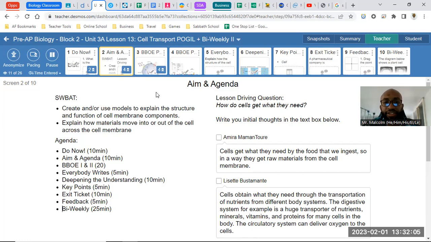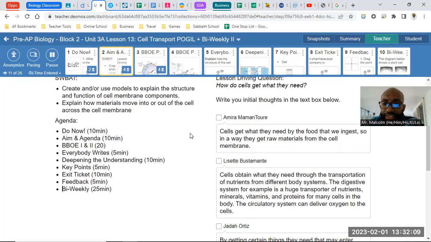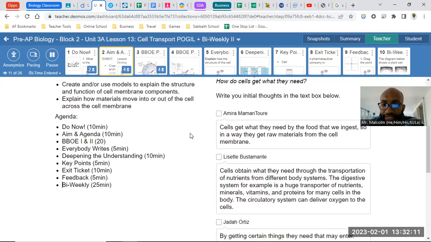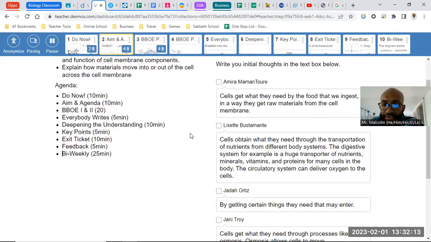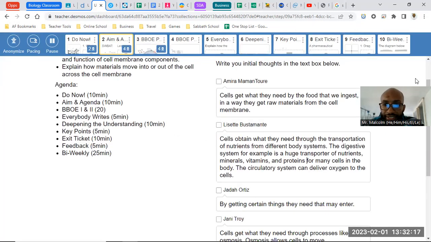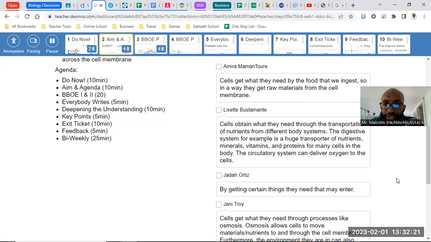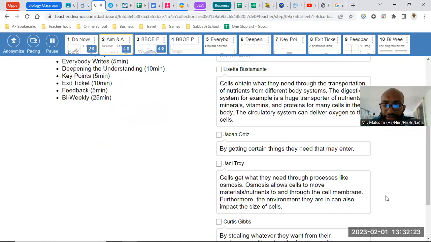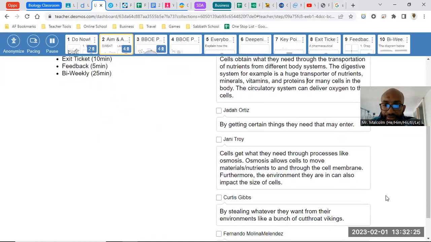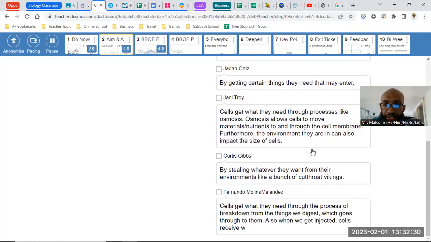All right. So with that said, let's take a look at what you guys said here. See if you guys are onto it. Transporter nutrients. I like that. All right, through the cell membrane. Okay. Osmosis.